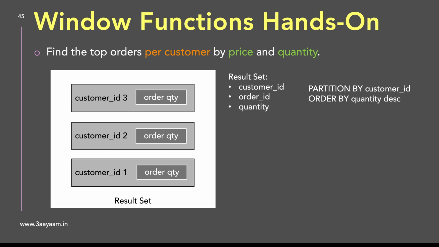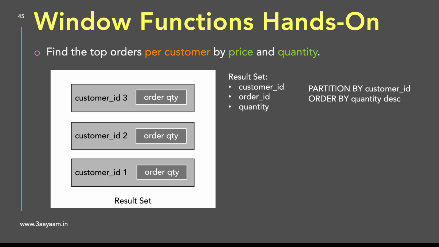It has not mentioned the number of top orders. Should it be 3, should it be 4 or 5? We'll consider 3. So we want to find out the top 3 orders per customer. So we know that this would be the result set, and we know that we'll have to use partition by customer ID and order by quantity. And we also know that the aggregate function that we have to use will not be a mathematical one.